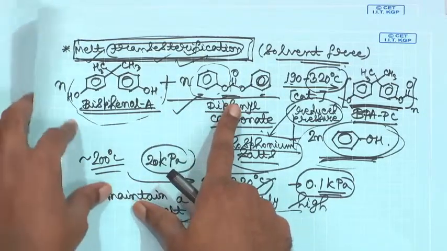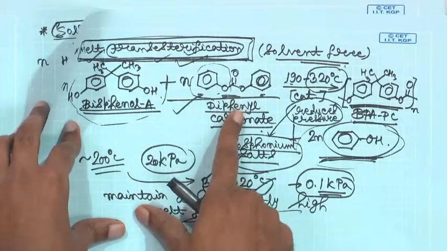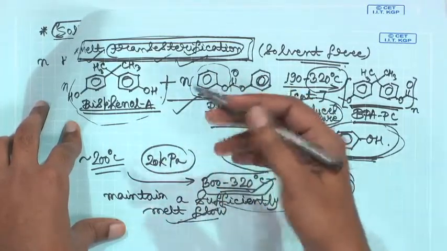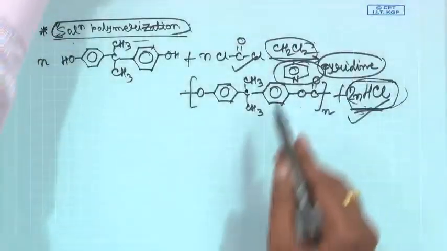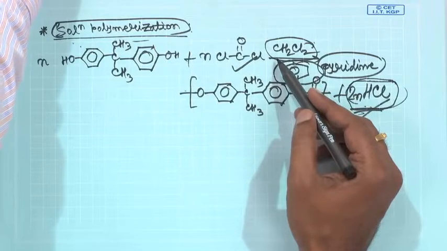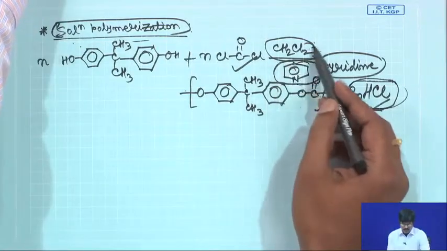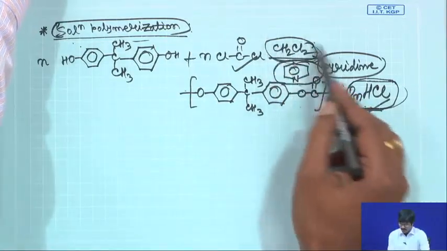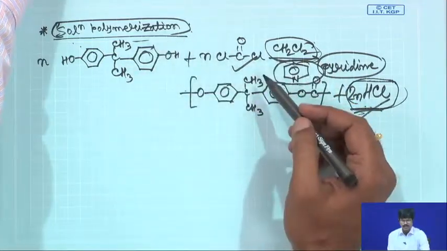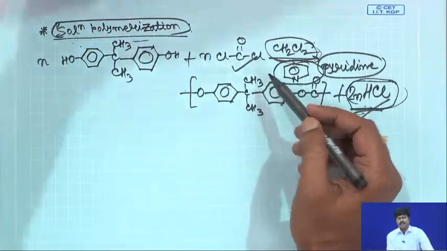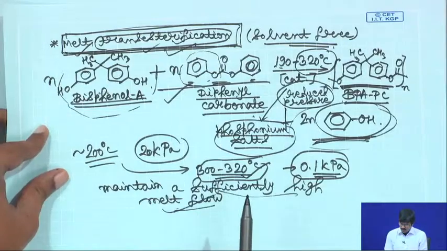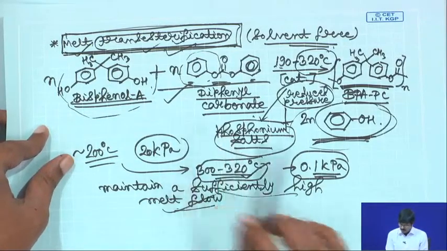Phosgene is a very poisonous substance. So, it is hazardous material, and in fact other than phosgene you are also using say dichloromethane, both in solution polymerization as well as your interfacial polycondensation. So, this is also a suspected carcinogen. So, these reactions, either your solution polycondensation or interfacial polycondensation, are not environmentally friendly. So, that way your melt transesterification offers you a distinct advantage.